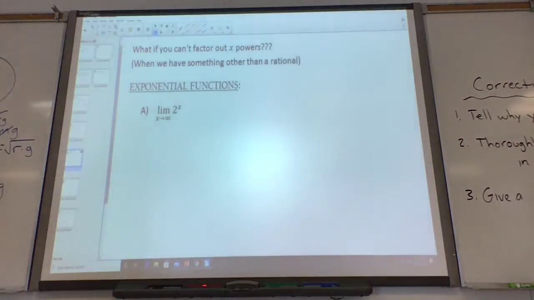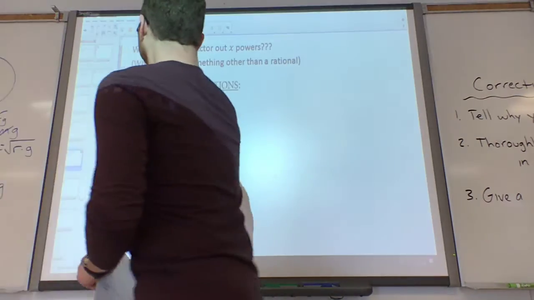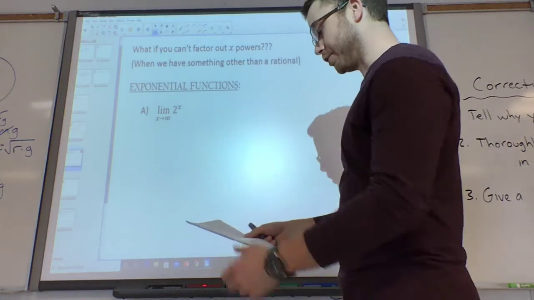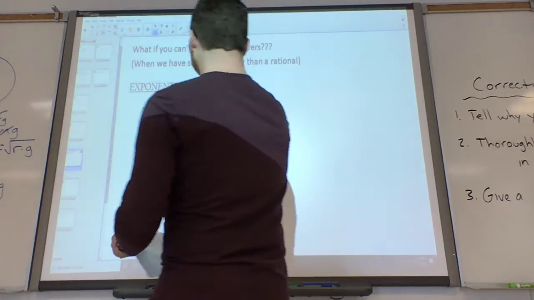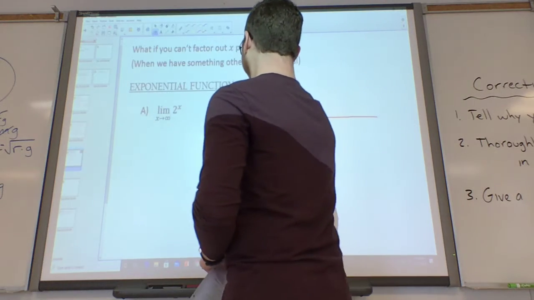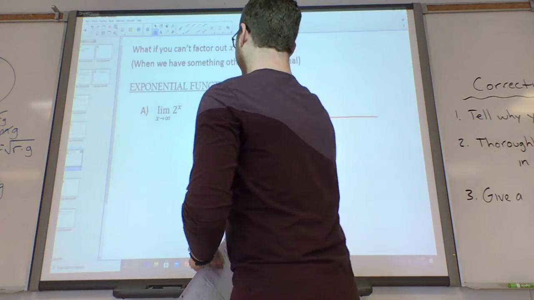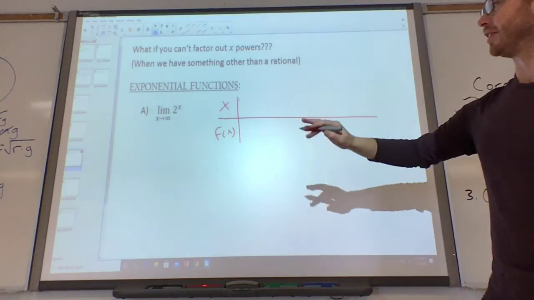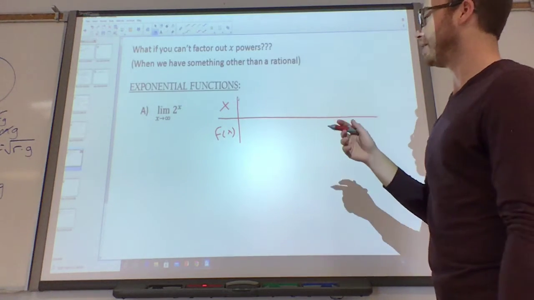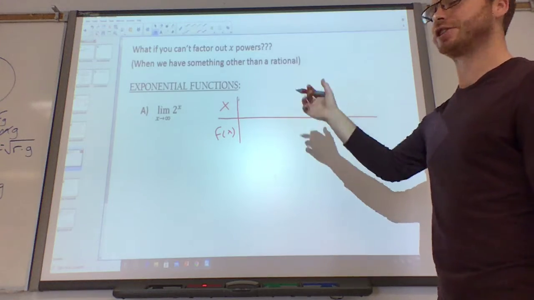Okay? So this function here is the limit of 2 to the power of x as x approaches infinity. So we're just going to make a table of values. We'll have x and f of x. As it approaches infinity, we're just going to test data points that get progressively larger.